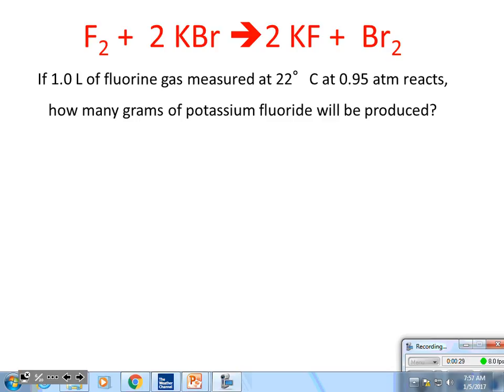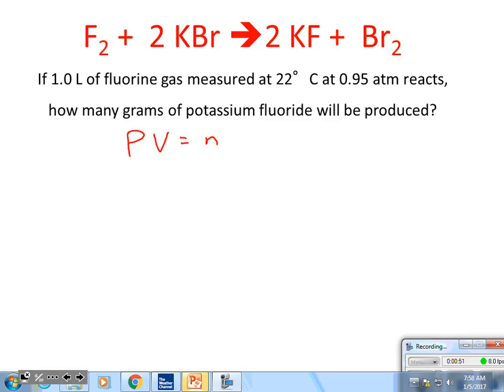So we're working this one in the reverse of what we did the previous ones because we were given grams before.